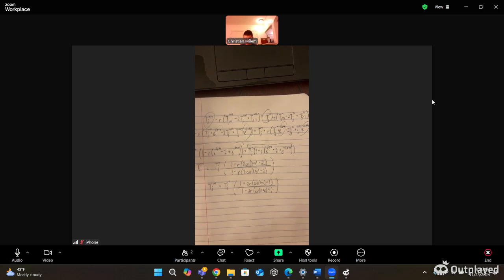Yeah, that's not correct. The negative part needs to be on top. I either messed up in the algebra somewhere or I messed up deriving the equation.